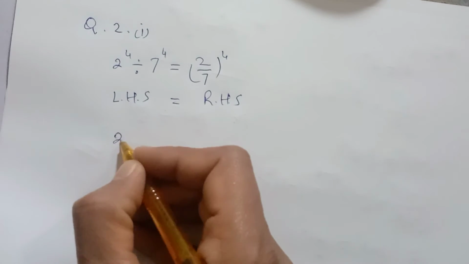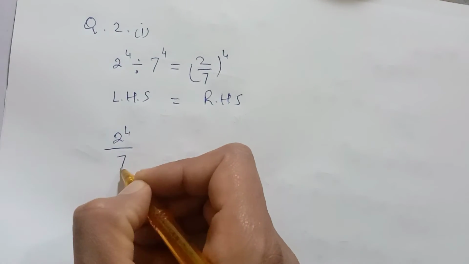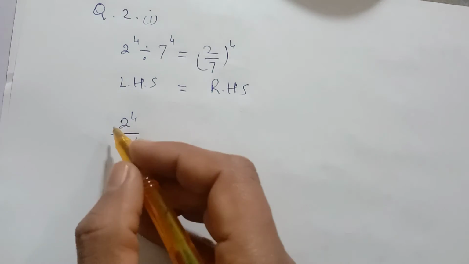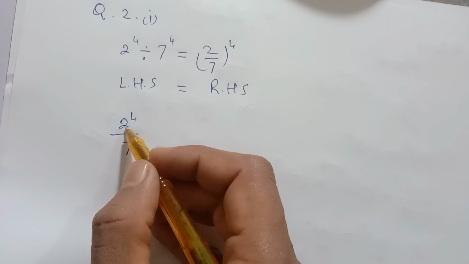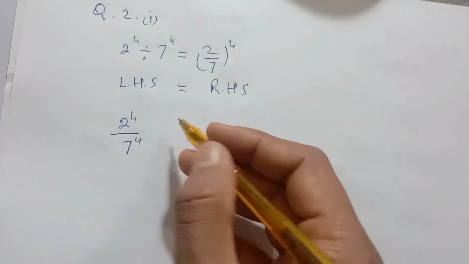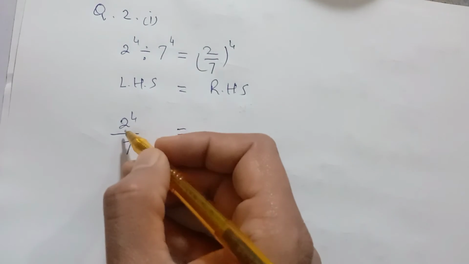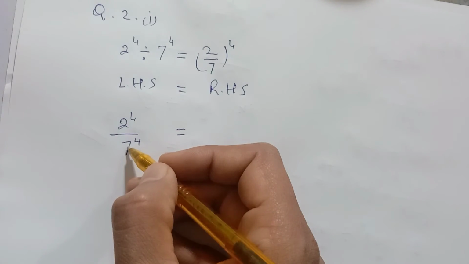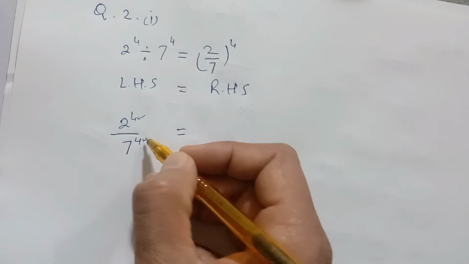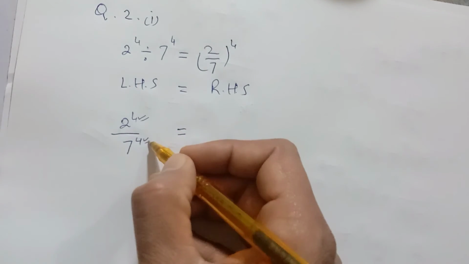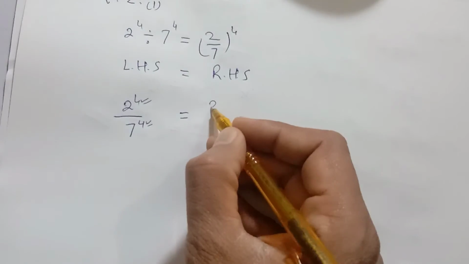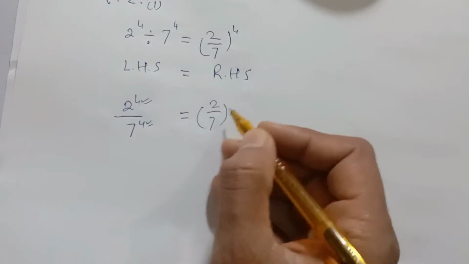First you have to see the bases. What are the bases? Here 2 is the base, and 7 is the base. These bases are different, but the exponents are the same. The exponent here is 4, and here is also 4. The exponents are the same.